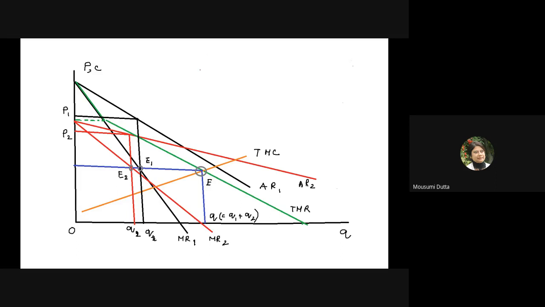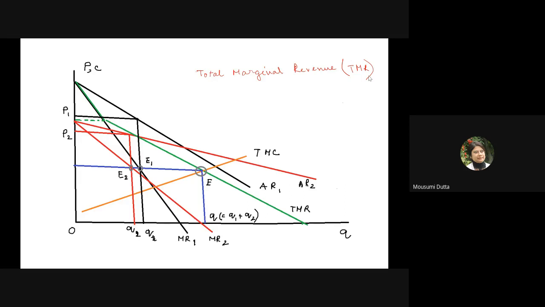First, what we have to do is find out the total marginal revenue curve. Now, how will we get the total marginal revenue curve?